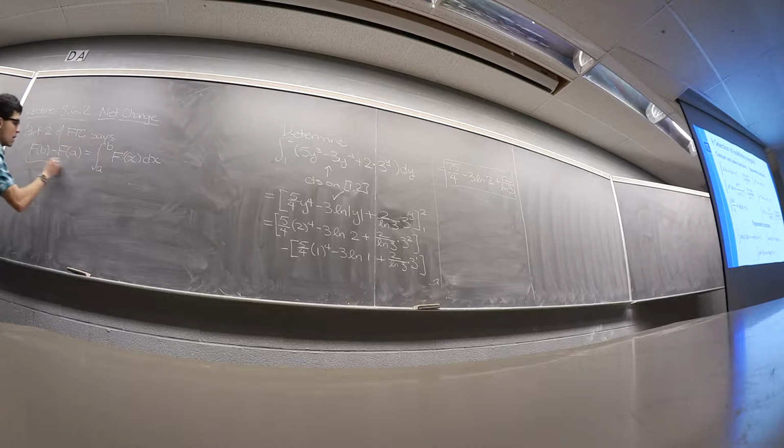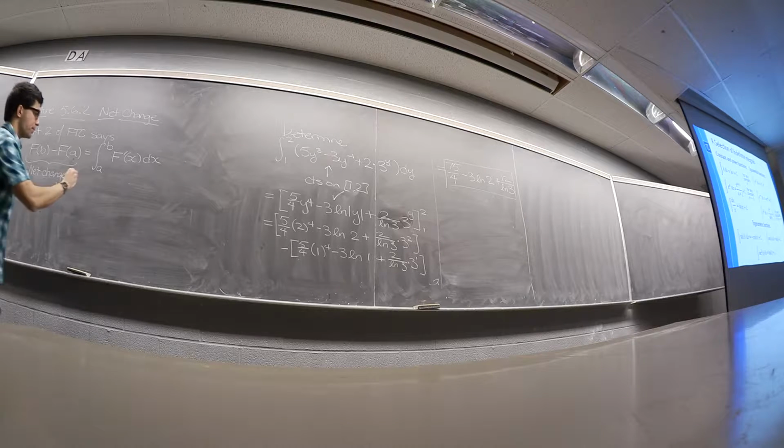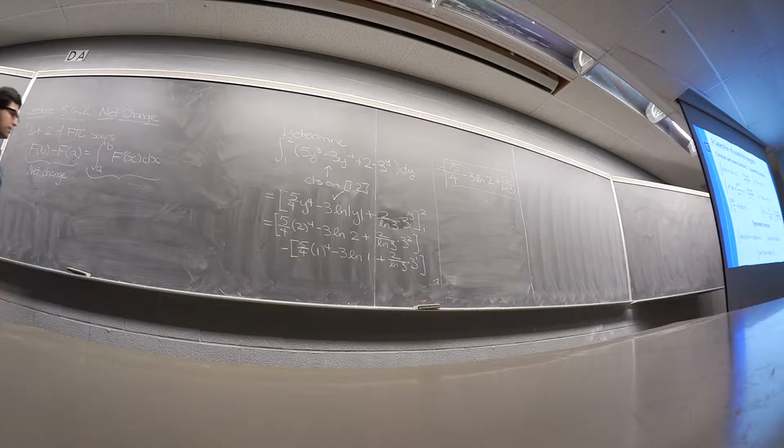This is what's cool. This is the net change. The net change in big F of x, as x goes from a to b. As x changes from a to b, that's how much big F changes by. What's this thing?